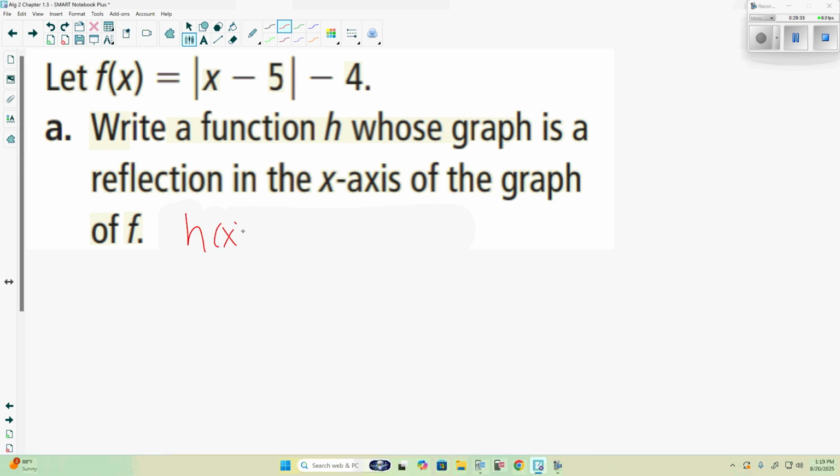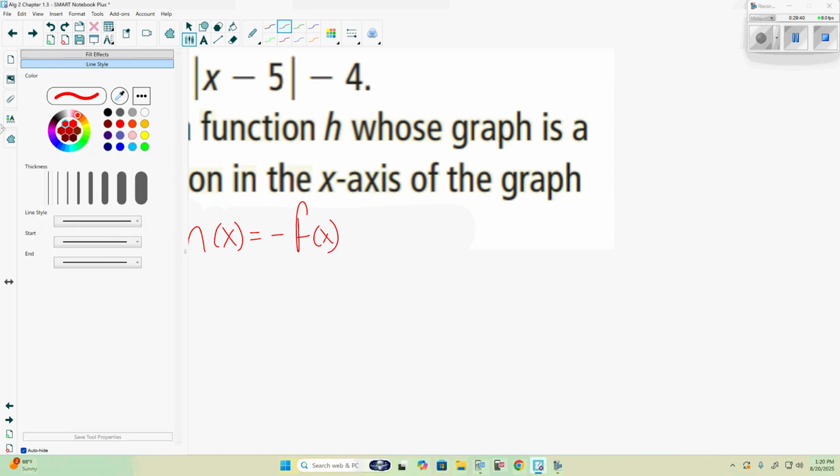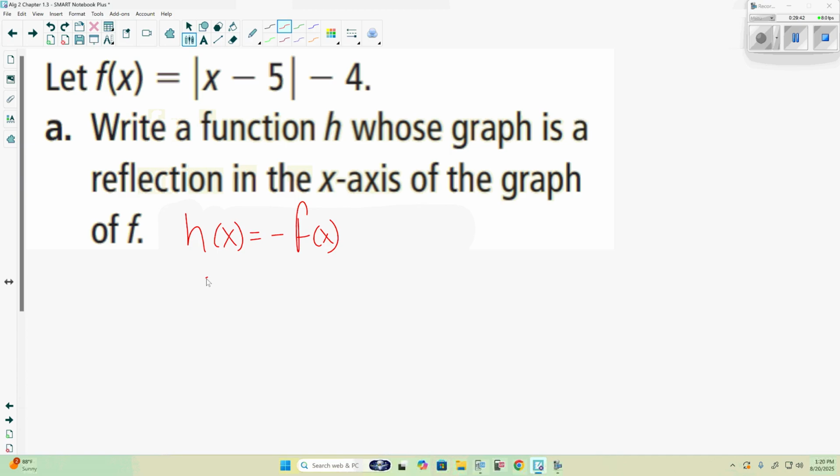H of x. Since it's across the x-axis, we're going to say it is negative f of x. So we replace f of x with its function: negative absolute value of x minus 5 minus 4.